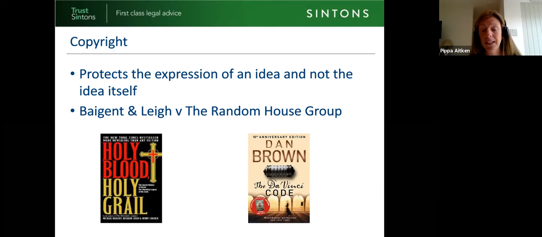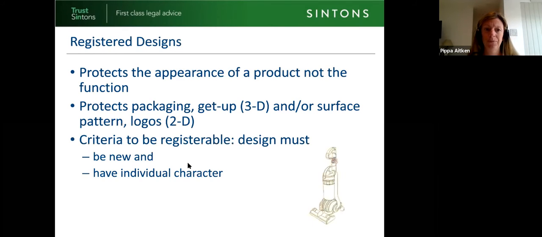They claimed that the central framework of their plot had been stolen for the writing of the Da Vinci Code. But the court dismissed the claim and said that borrowing of abstract ideas will not infringe. So it has to be actually copying some written work or some other type of copyright work, and a substantial part of that work, and not just taking the idea from it.